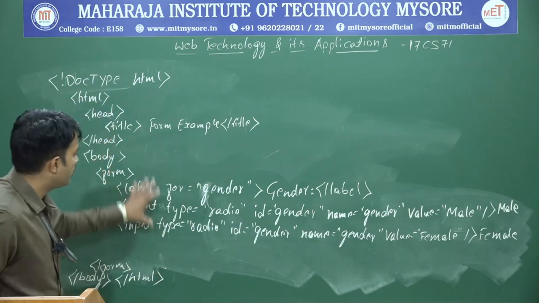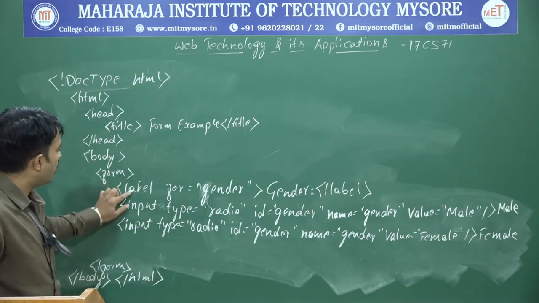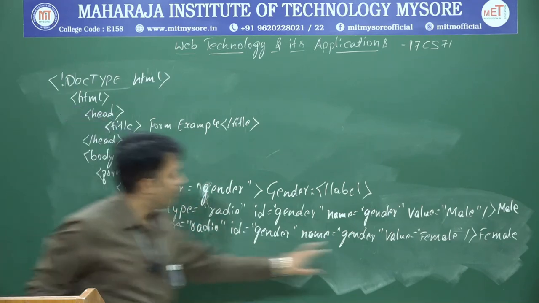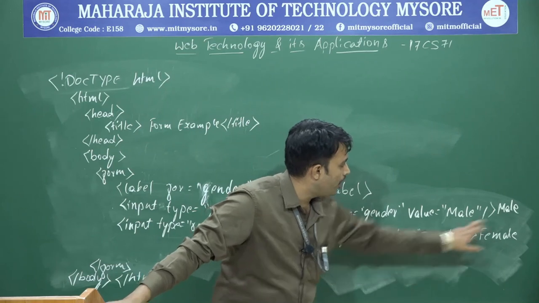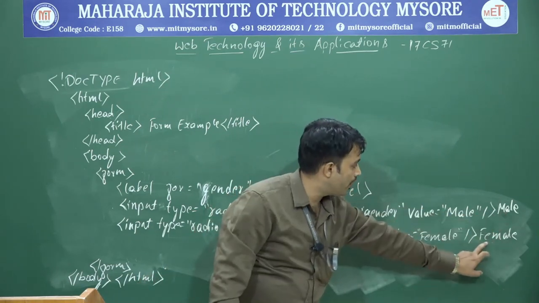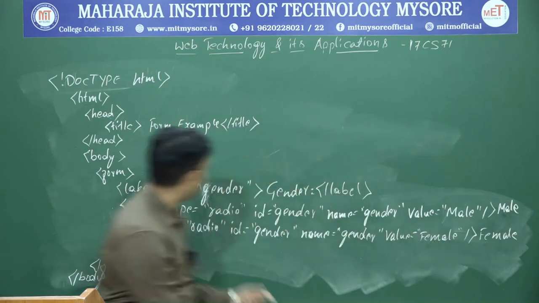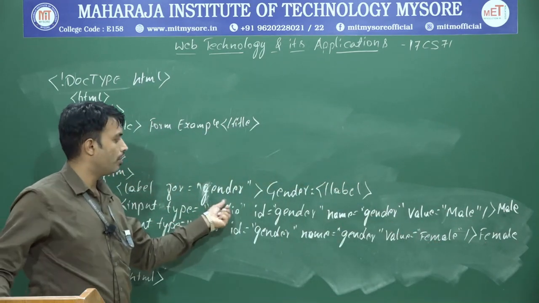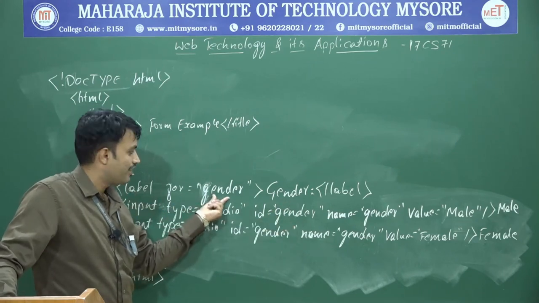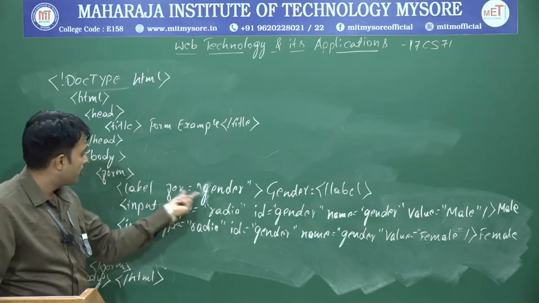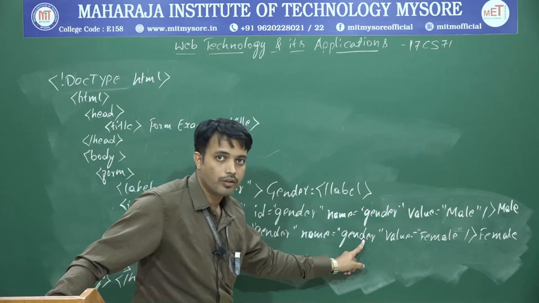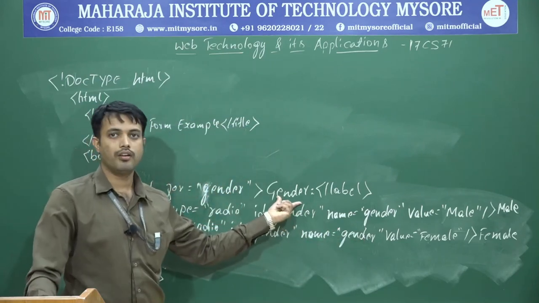Here I have created two radio buttons with the values male and female, and the text which needs to appear there is male and female. Next, what about the label? It is gender. The label is for gender, which is the name equal to gender. This is the label I have given.